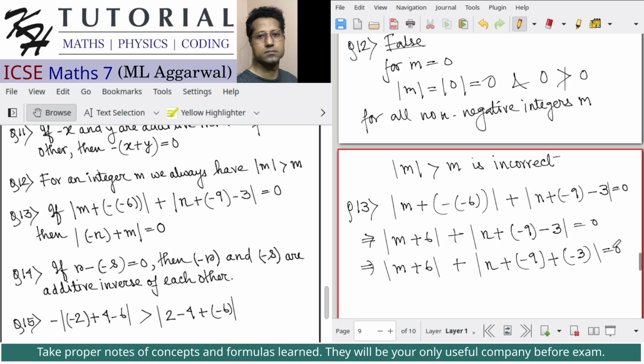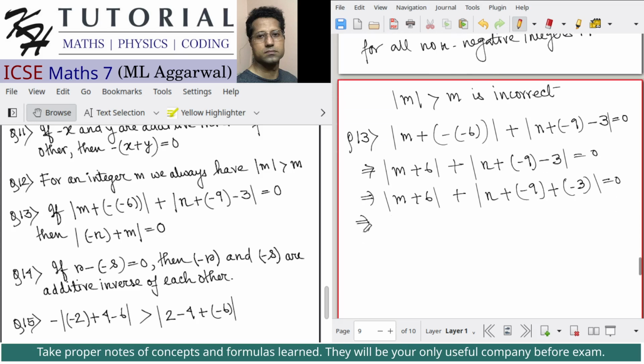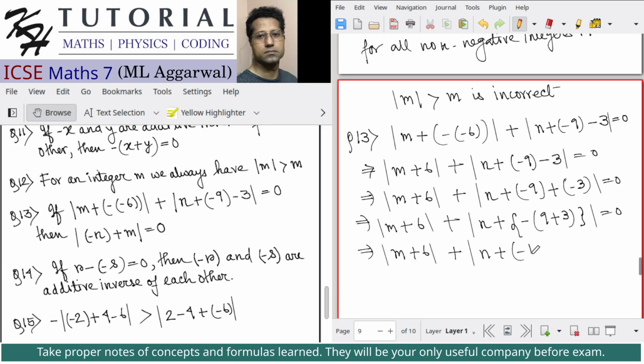Now let's further simplify the second absolute term. So this is n plus minus 9 plus minus 3, which is nothing but negative of 9 plus 3. This implies absolute value of m plus 6 plus absolute value of n plus minus 12 is equal to 0.